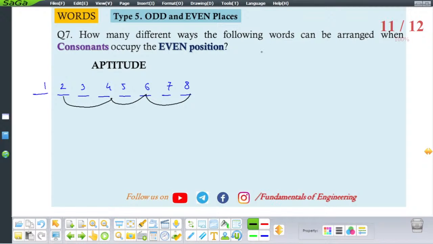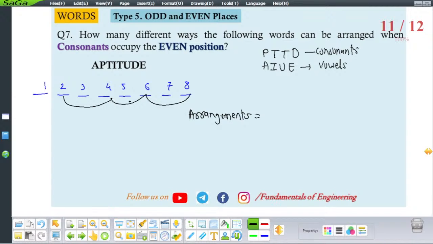So how many consonants are there? P, T, T and D. These are the consonants in the word APTITUDE. And the remaining are vowels, A, I, U and E. So 4 vowels, 4 consonants. So for possible arrangements, n is 4 because there are 4 places.